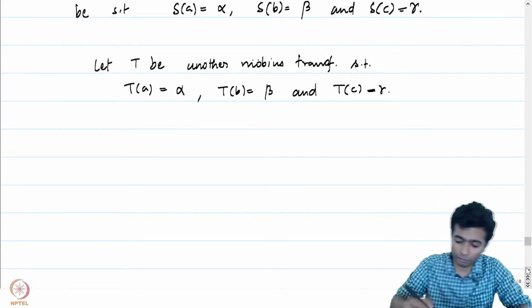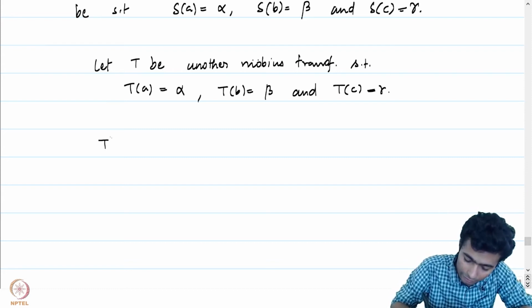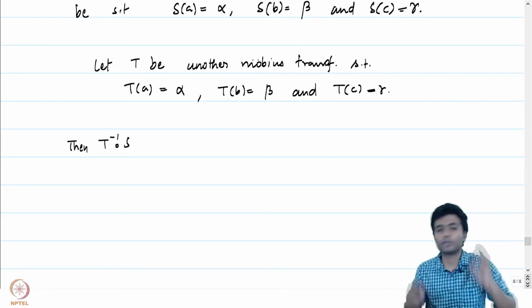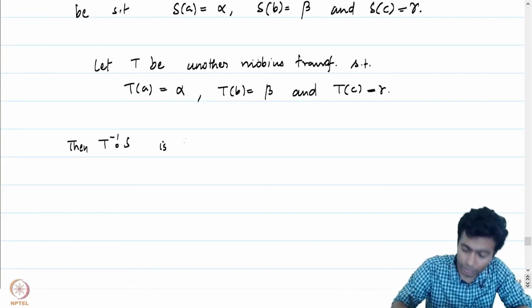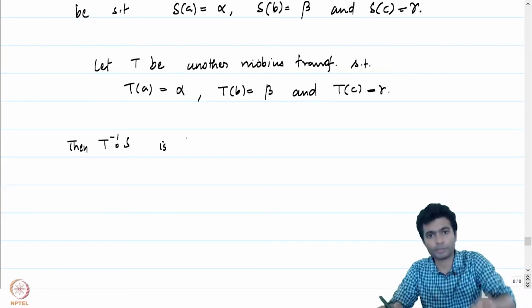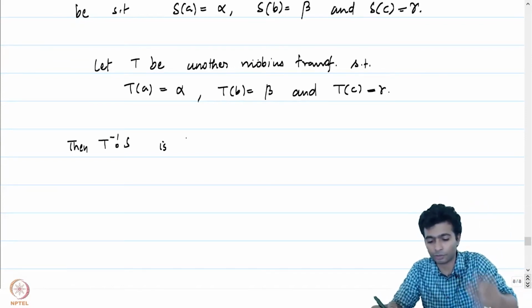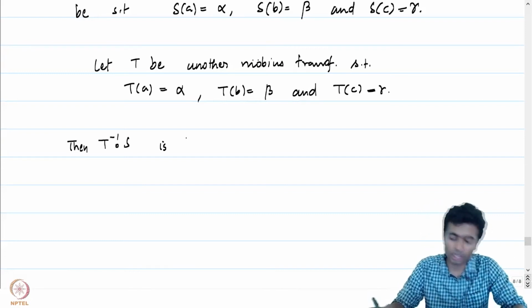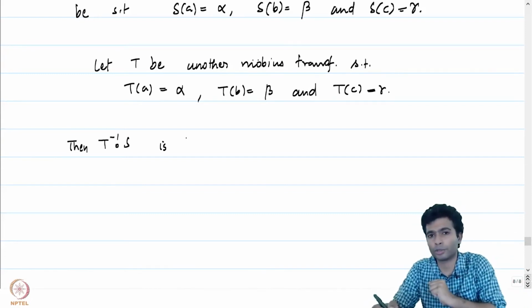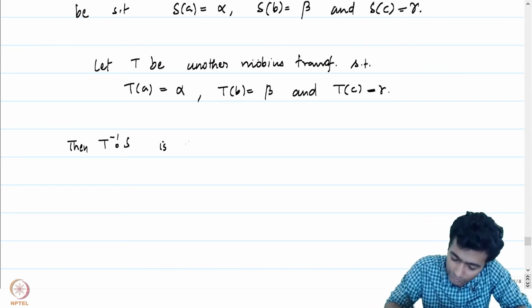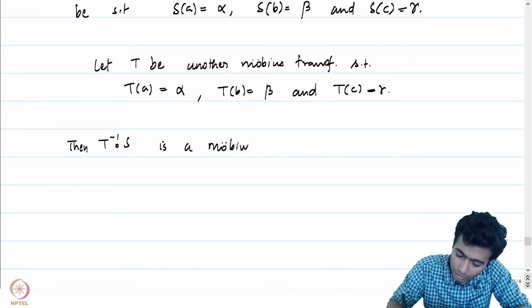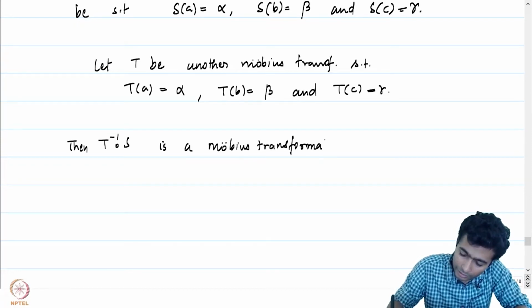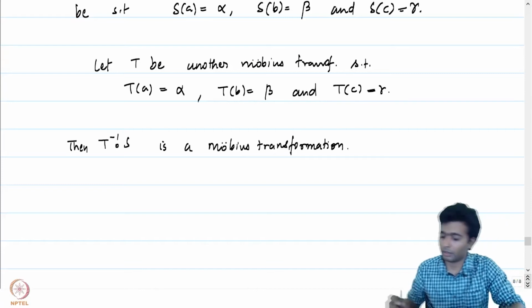Then what do we know about T inverse composed with S? We know that this is a Mobius transformation, because T inverse is a Mobius transformation. We know the explicit formula once we know what T is. And then T inverse composed with S is also going to be a Mobius transformation, which does a little more than ordinary.